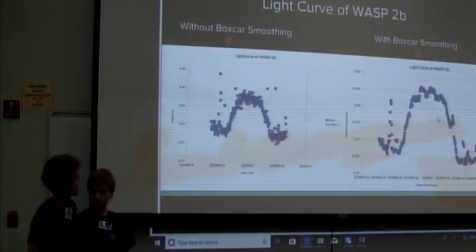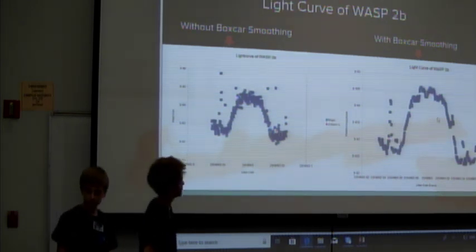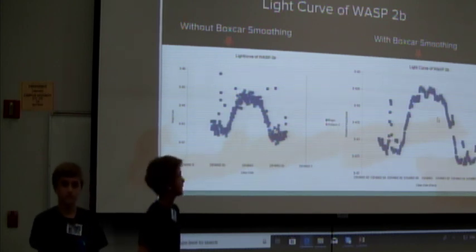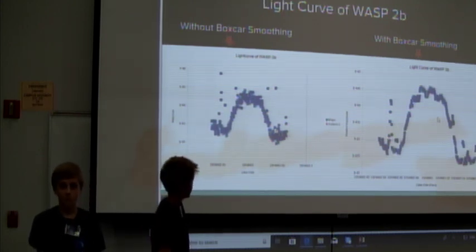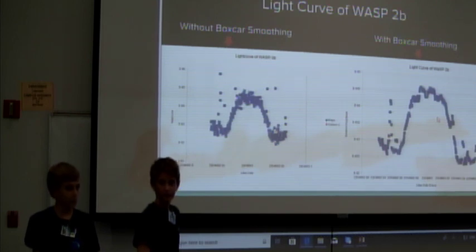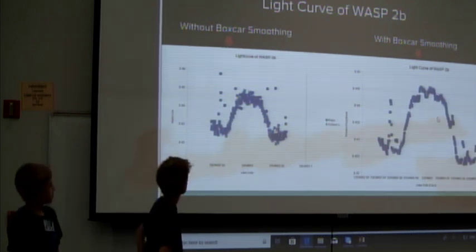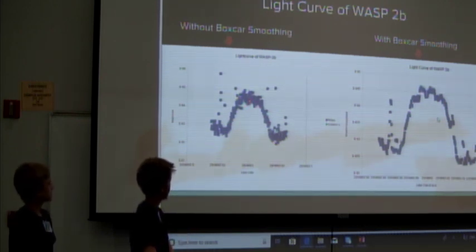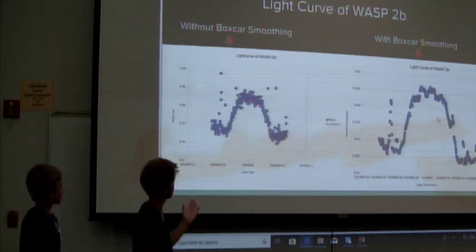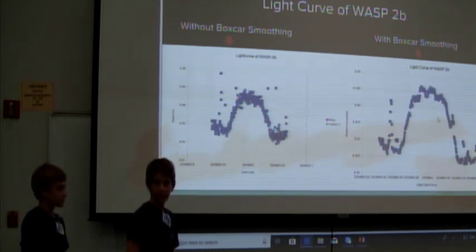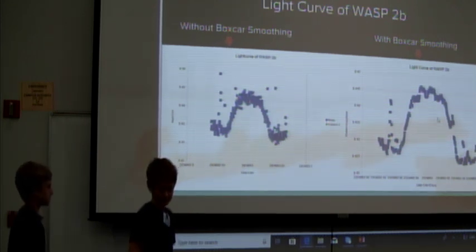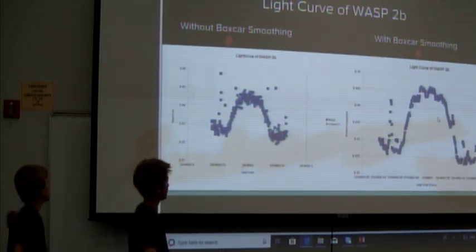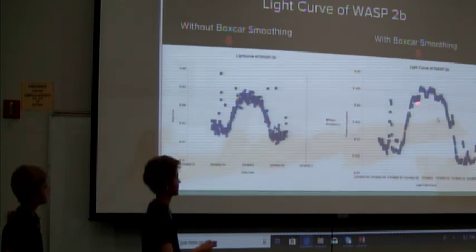One of the exoplanets that we did was WASP-2b. It was the second exoplanet discovered with the WASP telescope, and this was by far our best graph of the transit. Right here is an image of it without boxcar smoothing, which is technically finding the average of all your data and then putting it into the graph, and that is with boxcar smoothing.